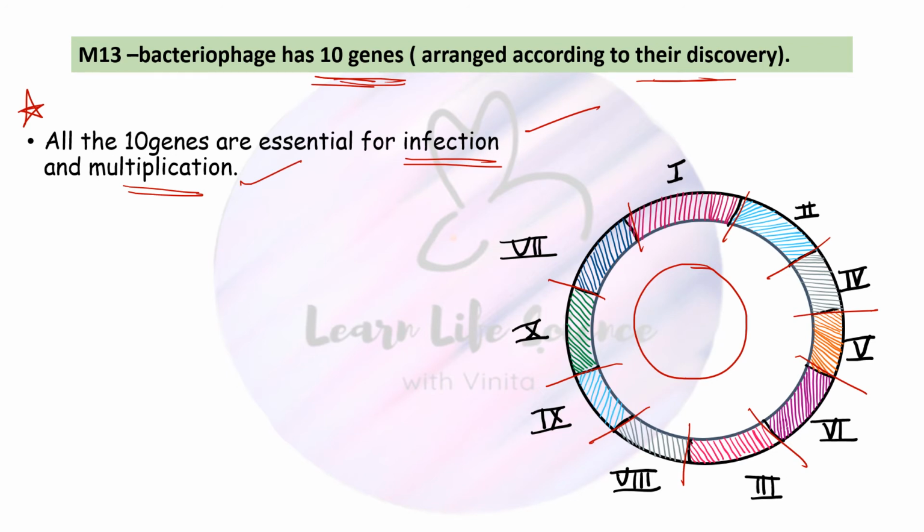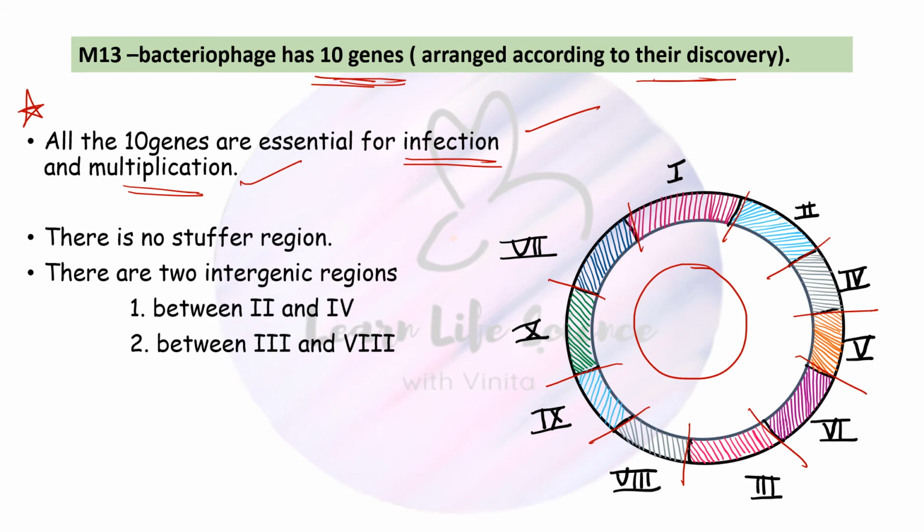Now, there is also another important feature, that is the intergenic regions. You can see here there is no stuffer region. In M13 bacteriophage there is no stuffer region, and therefore it acts as a problem for insertion of foreign DNA. In this case, you can see that there are two intergenic regions.